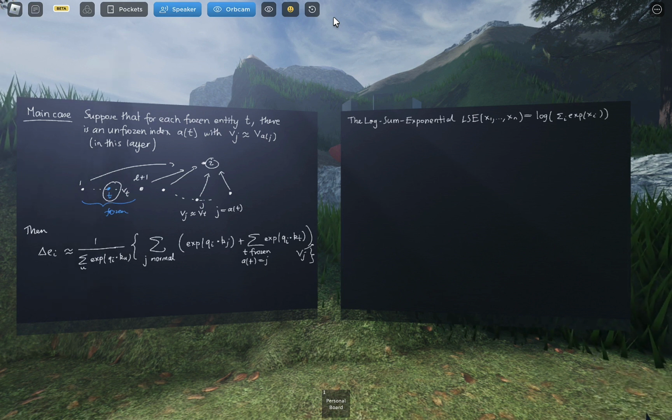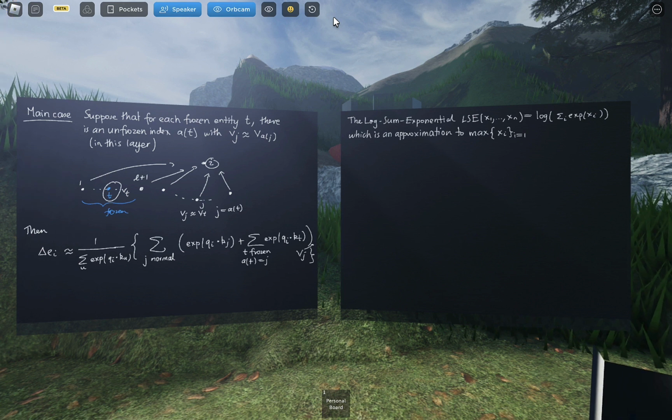This is commonly used in machine learning as a smooth approximation of the max function. The error term is of the order of log n, so well, it is log n. So if the values of xi are large relative to n, or rather log n, this approximation is pretty good. Okay, let me call that x star.